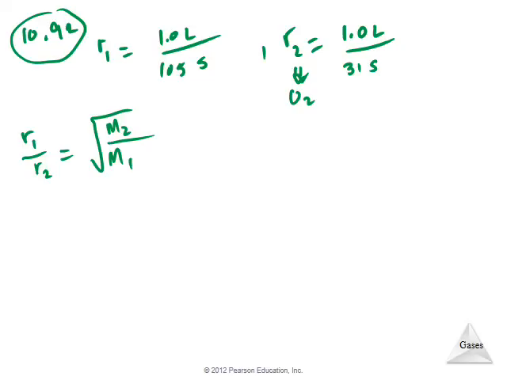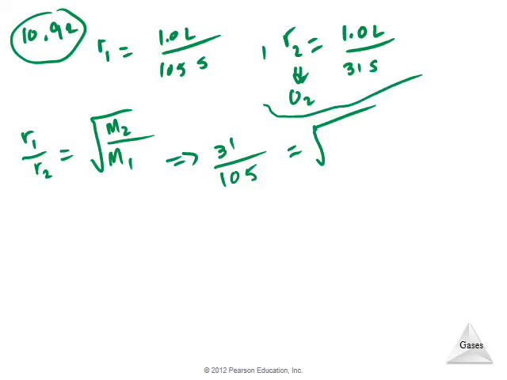Now let's do some math here and make sure you plug in all these numbers. Rate 1 by rate 2, I think I can show you one more step. From here we get 31 divided by 105, so 31 divided by 105 is equal to the square root of mass 2.